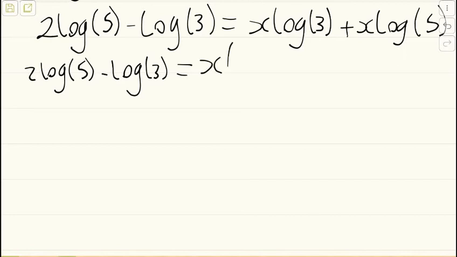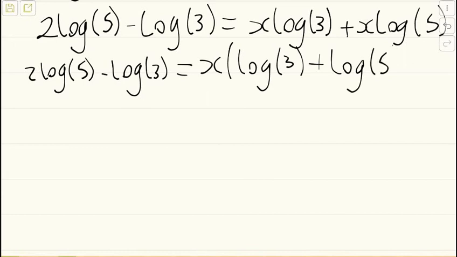Open up the bracket, I get log of 3 plus log of 5. Close off that bracket. And then, again, don't really need to bother with simplifying because I'm solving for x and the calculator can do all the work for me.